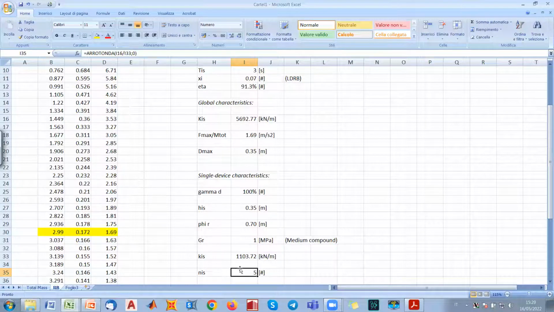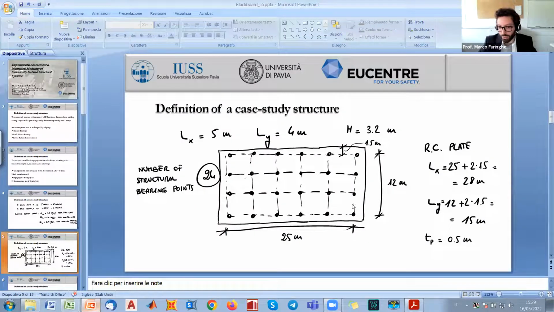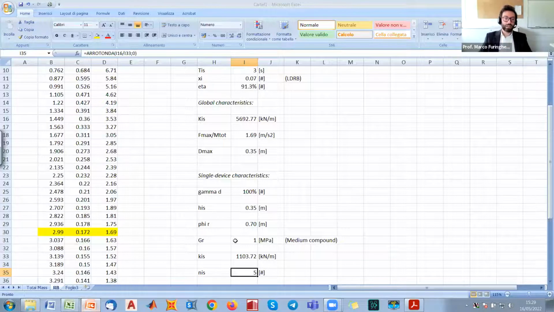So 5 isolators again. You see, this is the plan view of our structure. So I think that we should provide many more isolators, and actually an even number of isolators. So we will have to change something for sure. Generally, the reasoning is the following: we get few isolators whenever we need a very small value of stiffness.